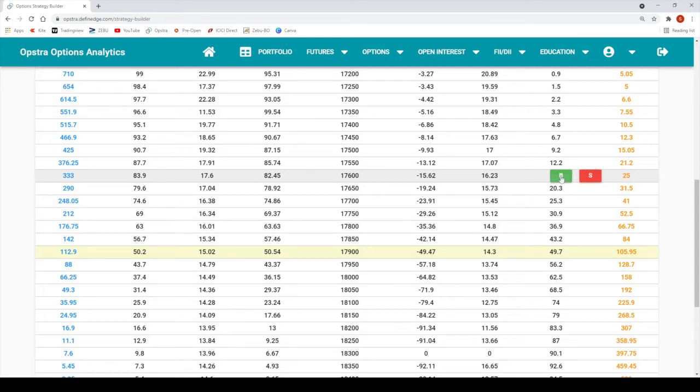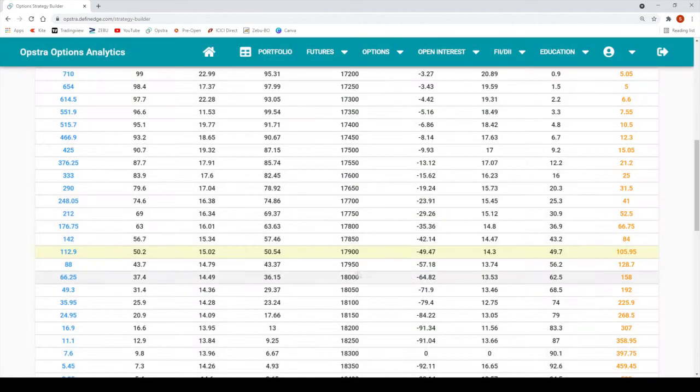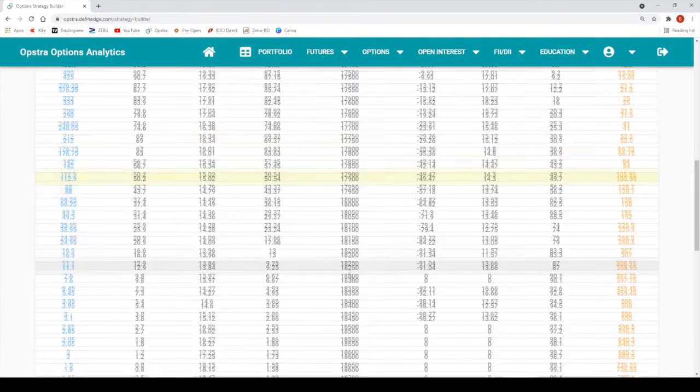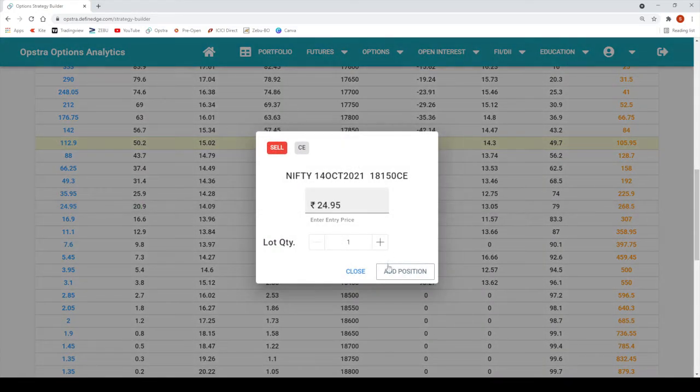We have premium 25 at 17,600, so I am going to sell one lot. Similarly on the call side, I am going to sell around 25 rupees premium, which is the 18,150 call option. I am going to sell one lot.